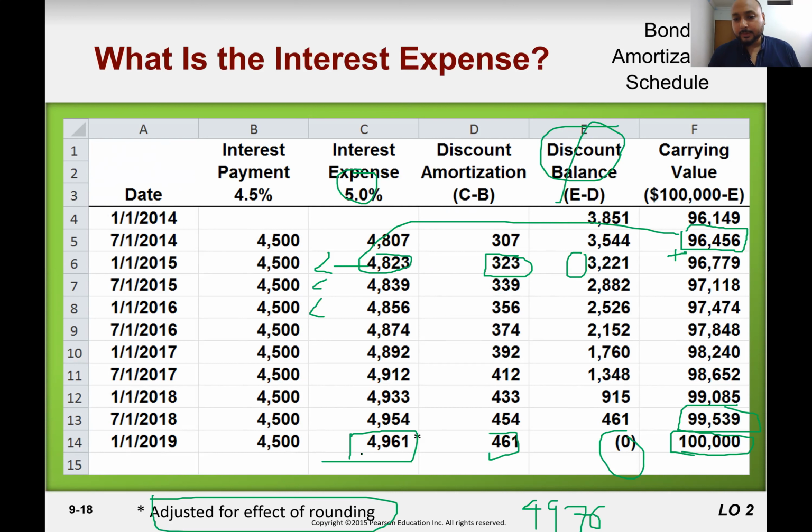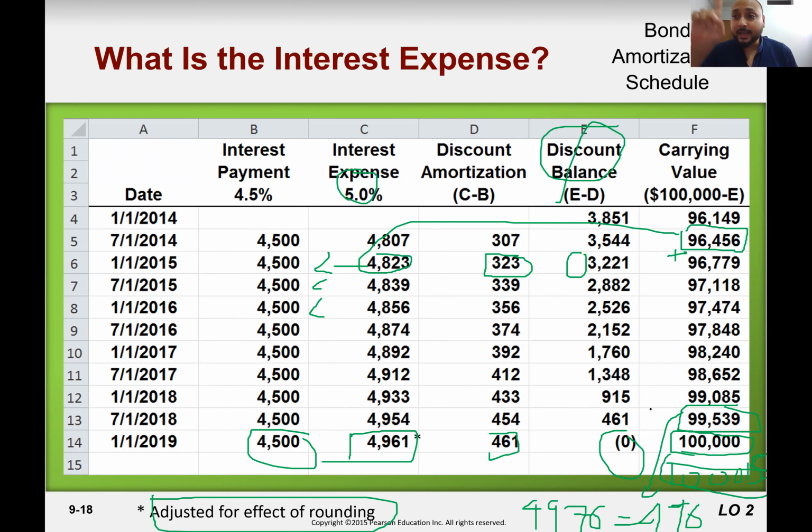So if you subtract 4,500, the answer is going to be 476. But if you add 476 to the previous carrying value, which is 99,539, it is going to be more than the bond payable value. So we will decrease it.